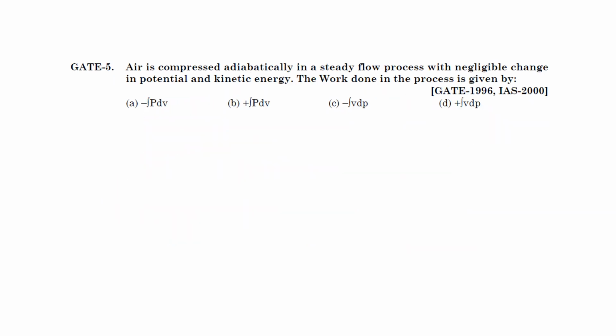Next question. Air is compressed adiabatically in a steady flow process with negligible change in potential and kinetic energy. The work done in the process is given by. Okay, so the options are: integration of minus PdV, integration of PdV, minus integration of VdP, and plus integration of VdP.